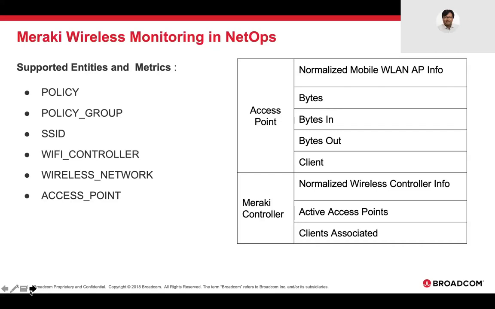And from a controller perspective, we're looking at the total number of active access points and the total number of clients associated. So all these metrics are being captured via the syslog and the VNA, and those are being pumped into the CAPM, and from an inventory perspective, those are being pumped into the Spectrum. From an event perspective, we're getting that into the Spectrum.